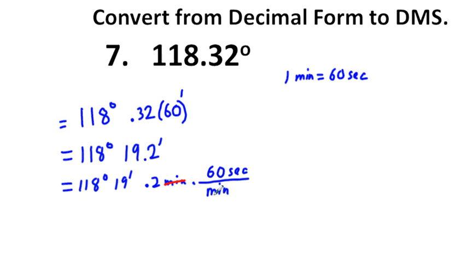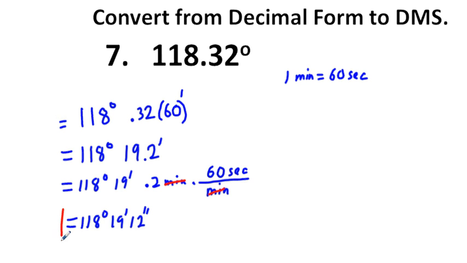So minutes over minutes cancel. And what we're left with is 118 degrees, 19 minutes, and we have 0.2 times 60 seconds. 0.2 times 60, that's going to be 12. So that is our answer.